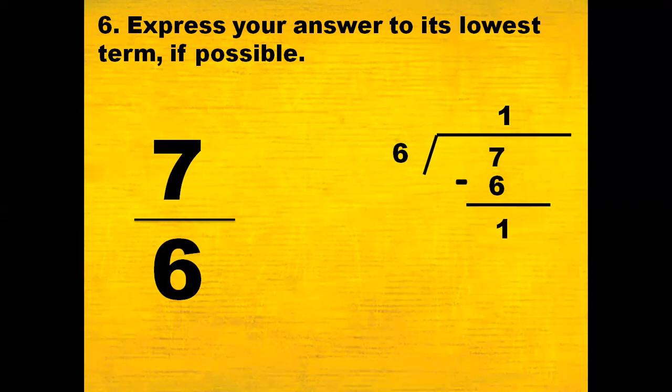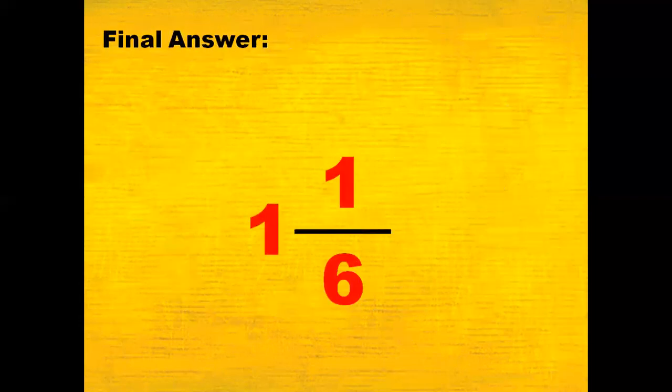So the answer is 1 and 1/6. So 7/6 is equal to 1 and 1/6. So our final answer is 1 and 1/6.